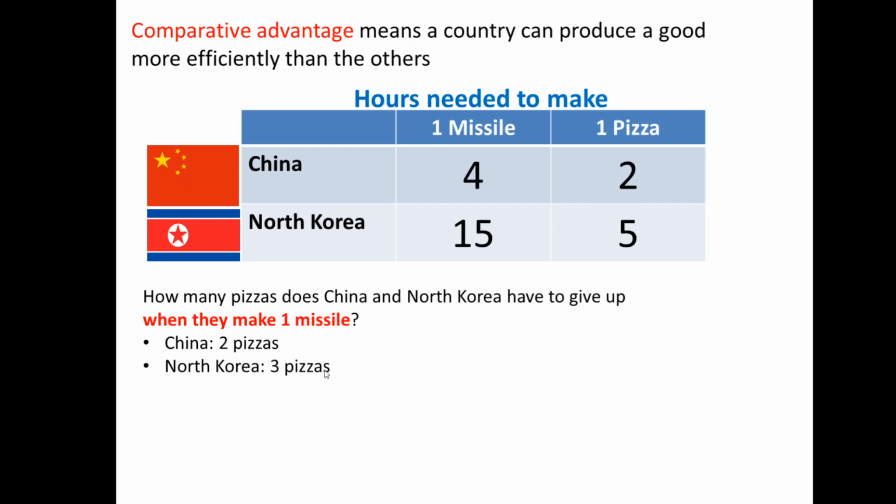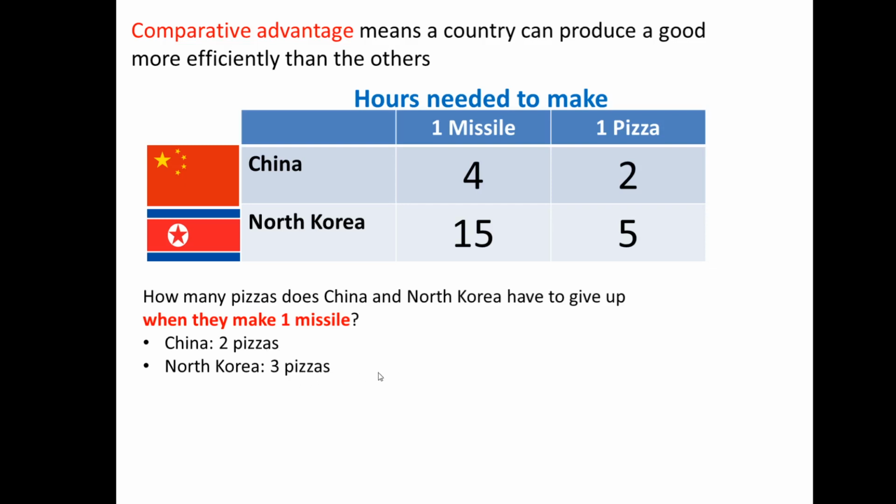They would rather buy missiles from China because China has a lower cost of producing them. So if only 2 products are made in the countries, China should export missiles, and North Korea should buy missiles because it's cheaper this way.